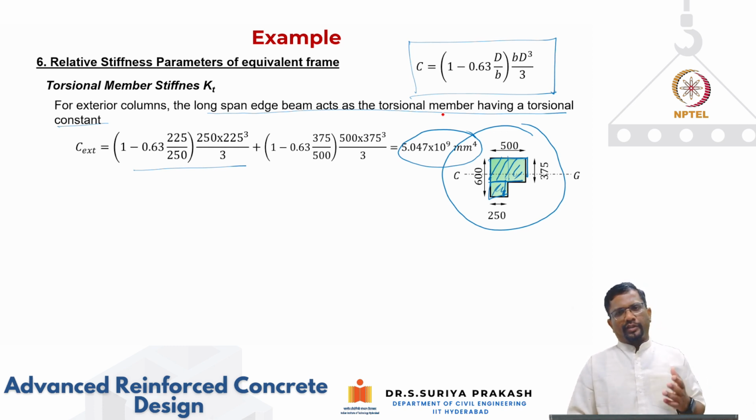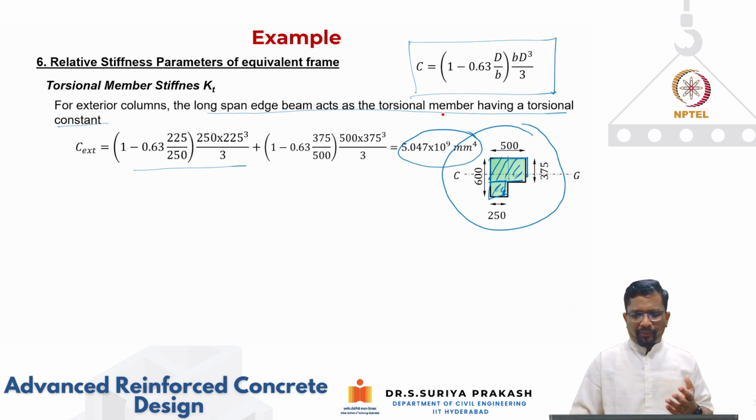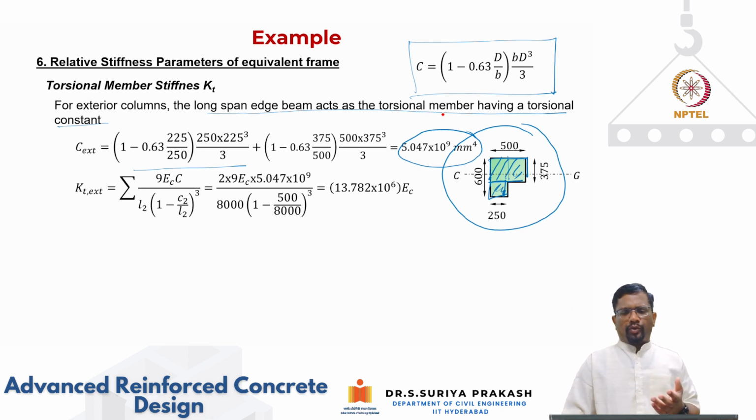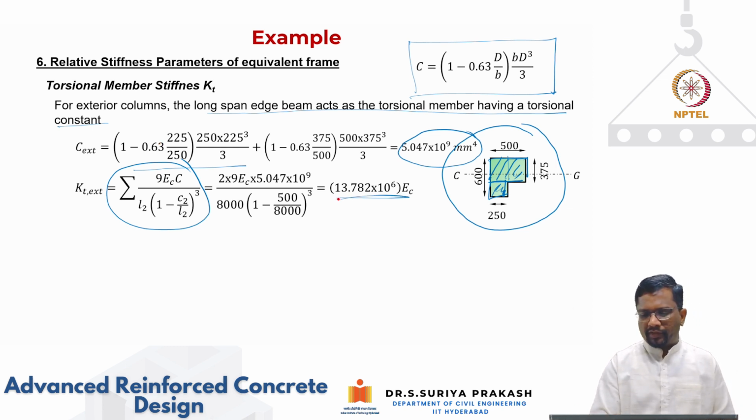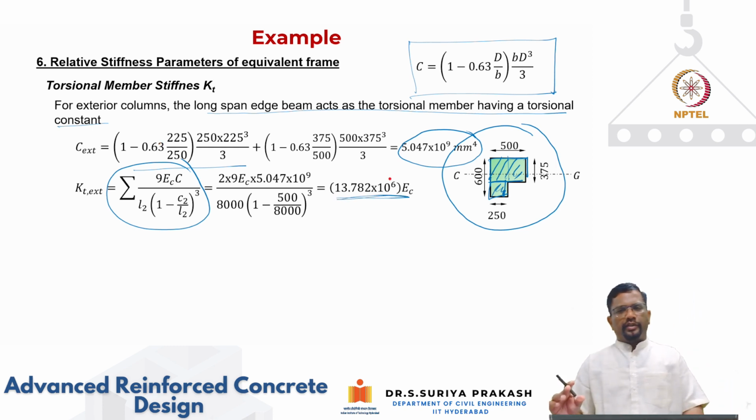This is just a sectional property for torsion. Okay, something similar to your polar moment definition, right? So in Kt, then we have the stiffness parameter 9 Ec into C by L2 into 1 minus c2 by L2 whole cube. When you substitute that, you get the values. So everything now, you see, finally the stiffness parameters are expressed in terms of Ec.